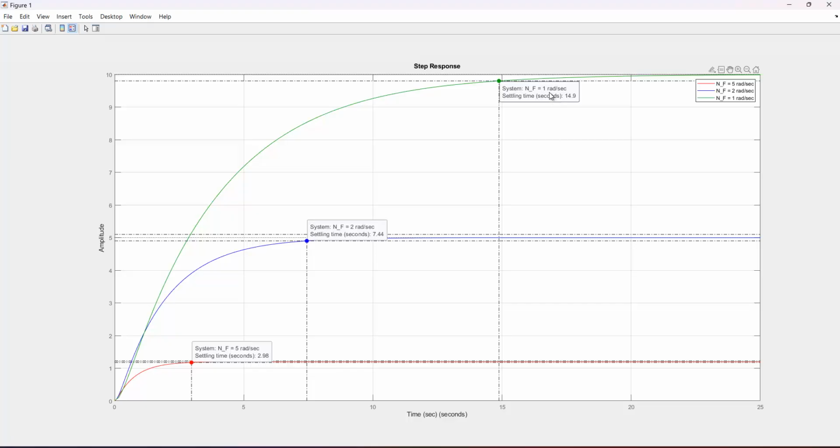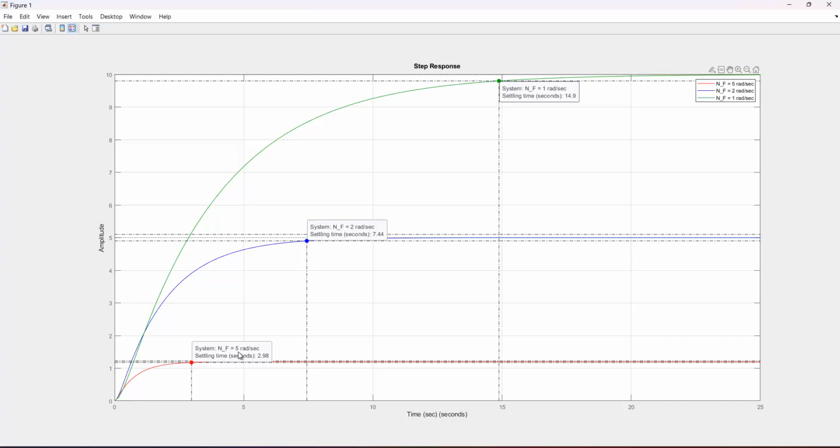So if we use the higher radian per second in the natural frequency, we will have the faster response of these values. Our conclusion is that higher natural frequency results in faster oscillation, and the system with a natural frequency of 5 radians per second responds quicker compared with the lower frequency values in here.